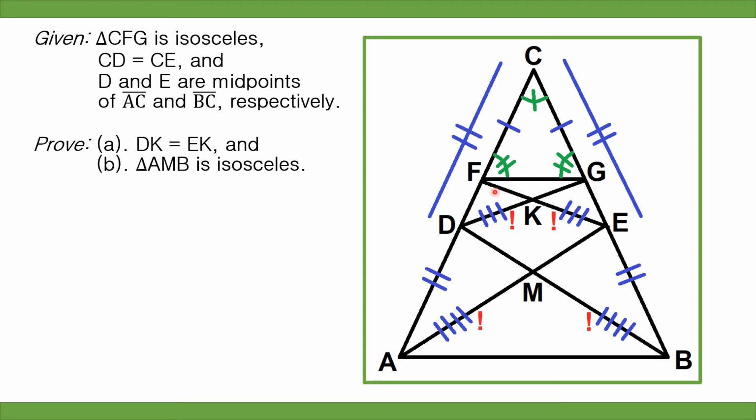Because these two line segments, FK and KG, can be proved to be congruent if we can prove that these two angles here are congruent. And that is by the converse of the isosceles triangle theorem. Now, how can we make these two angles congruent? That is, if we can prove that these two angles are congruent and these two angles are congruent, by subtraction property, these two angles are congruent.